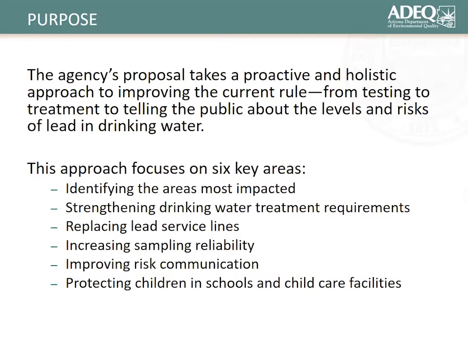And that's very foreign to our public water systems. Typically, water systems are only held responsible up until the meter, and everything past the meter ends up being the customer's responsibility.